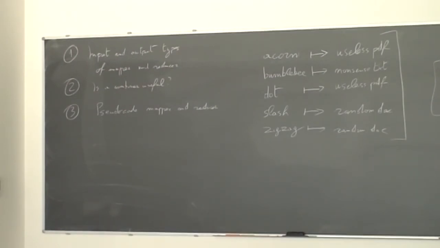Okay, can anybody propose the overall mechanism? So, what do you expect the mapper and the reducer to do in order to solve this problem?